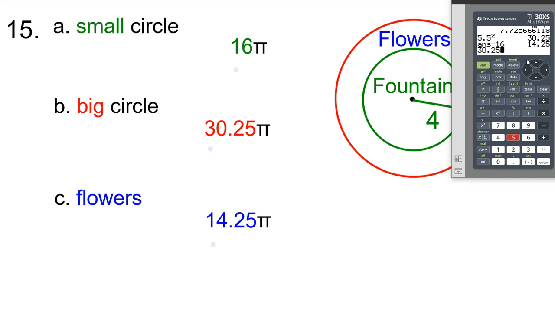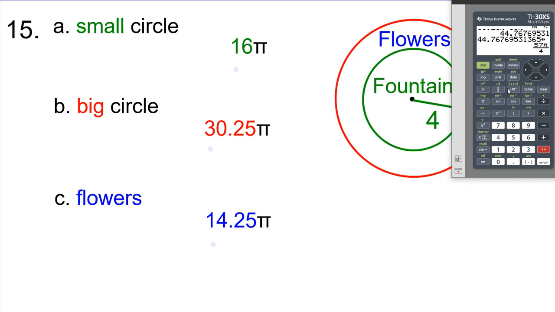Okay, so 30.25 pi minus 16 pi is going to be equal to, let me see if I can change it to a decimal. Nice, good discussion here. Because it was multiplying by a decimal, it wanted to keep it in terms of a decimal, and then when I try to convert it back, it gives it as a fraction. I'm a little bit weird because I prefer the decimal and the pi button.